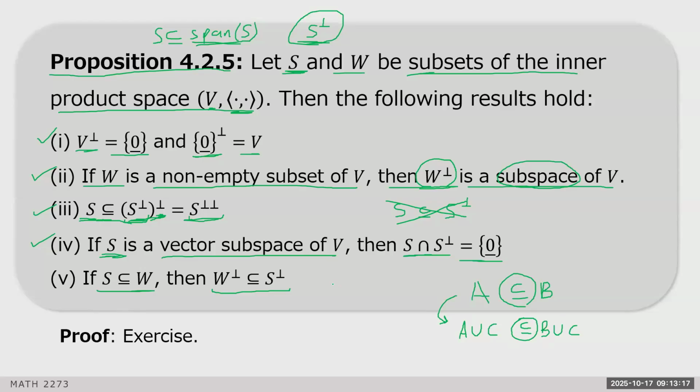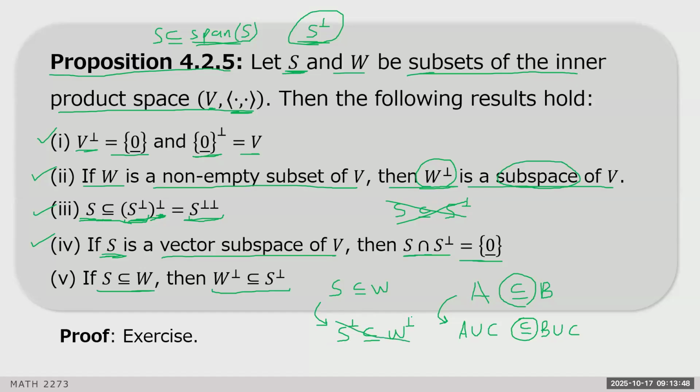What we are saying here is that if I have two sets, S subset of W, and I take orthogonal complements on both sides, could I write S perpendicular is contained in W perpendicular? In other words, when I take the orthogonal complement on both sides, does it preserve the subset relationship?